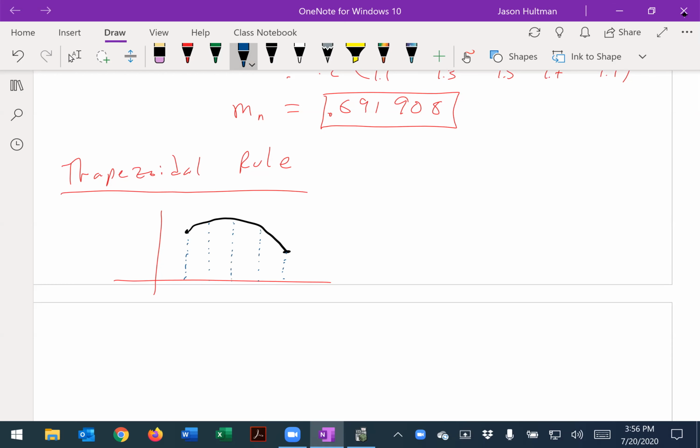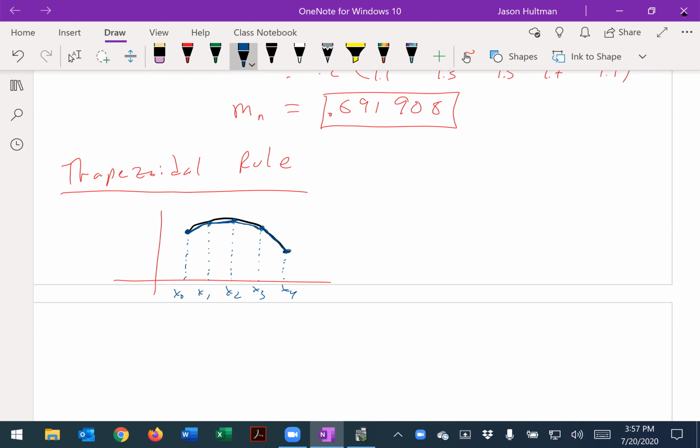Cut them in half, and then cut those in half, and we get 4 divisions. What I want to do is look at these points, where we're at x sub 0, x sub 1, x sub 2, x sub 3, and x sub 4, and create trapezoids. I just want to connect these dots with linear lines.